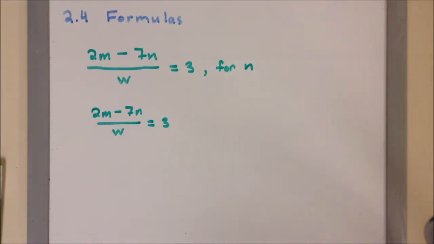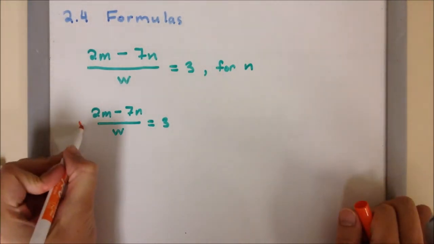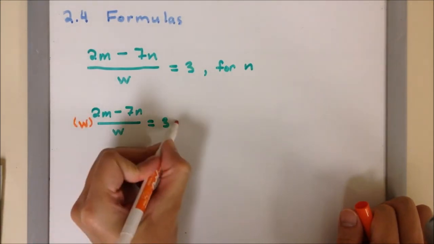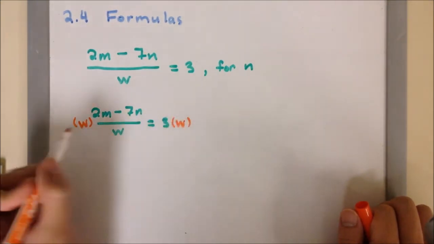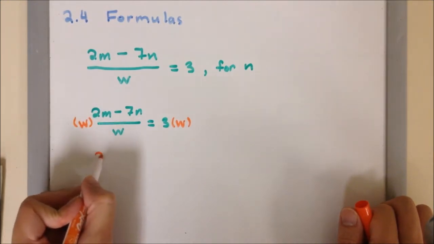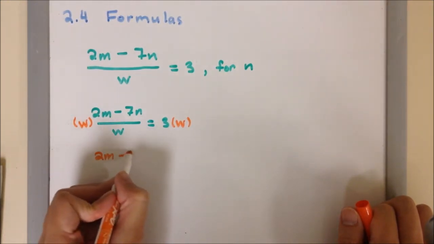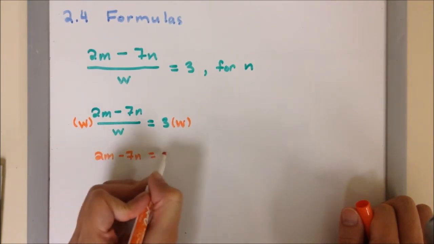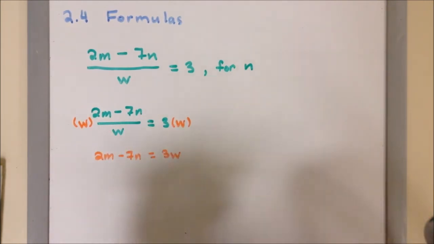In order to do that, I'm going to multiply both sides by w. Again, when this happens, the w will divide into 1. I'm left with 2m minus 7n equals 3w.